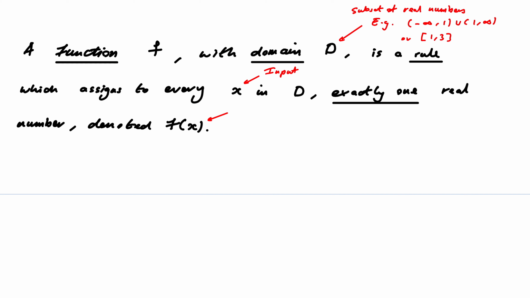He always talked about the fact that you feed in meat and you get sausages out. I'm like, okay, do I understand what he's talking about? But the principle is there, right? You take an input and you get an output. So the function is kind of the rule. It's the machine, right? So exactly one real number denoted f of x.